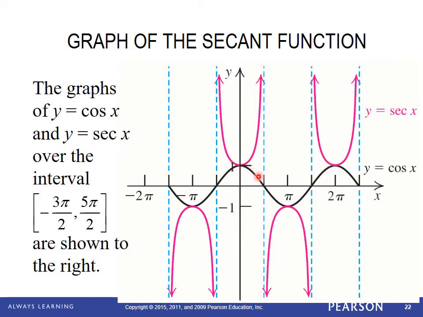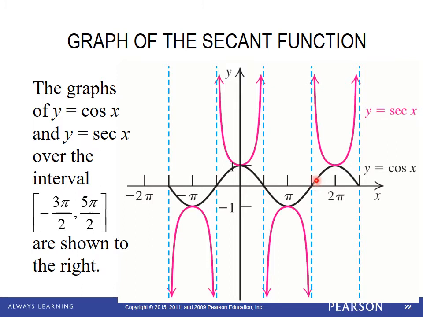So the black curve is the cosine function, and notice again the secant function is going to make contact with the cosine function at that point there. When cosine hits a 0, that's going to be the vertical asymptotes. Again, each time cosine equals 0, that's going to be the vertical asymptotes.